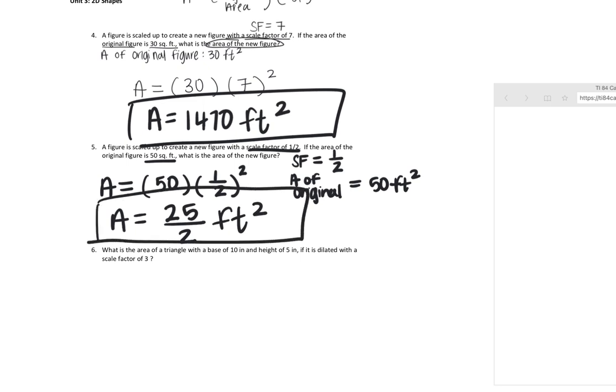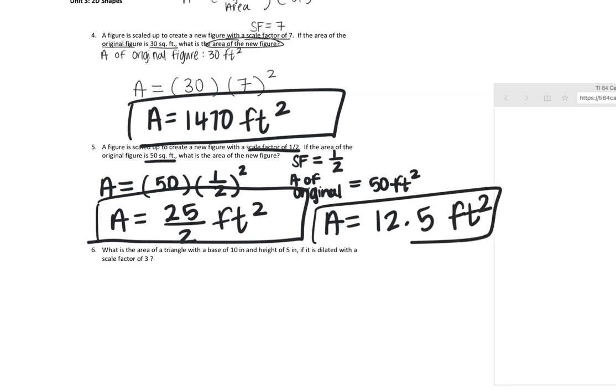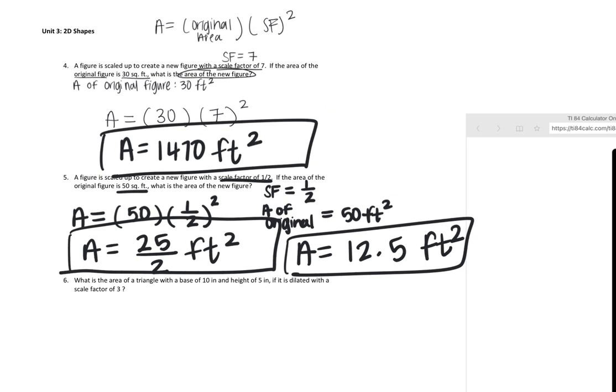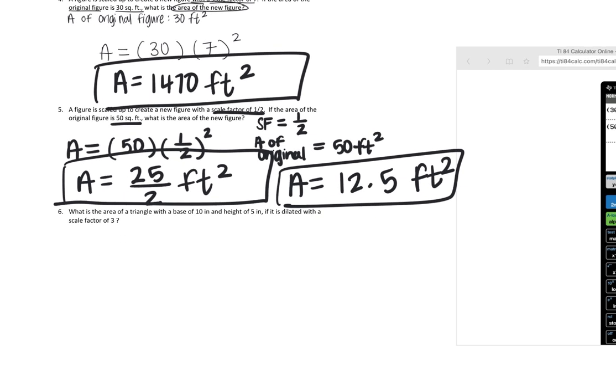Okay, so you could either get 25 over 2, or you could have gotten the decimal, which is 12.5 feet squared. Either one is correct. Just one is a fraction. The other one is decimal. I take both. Okay.